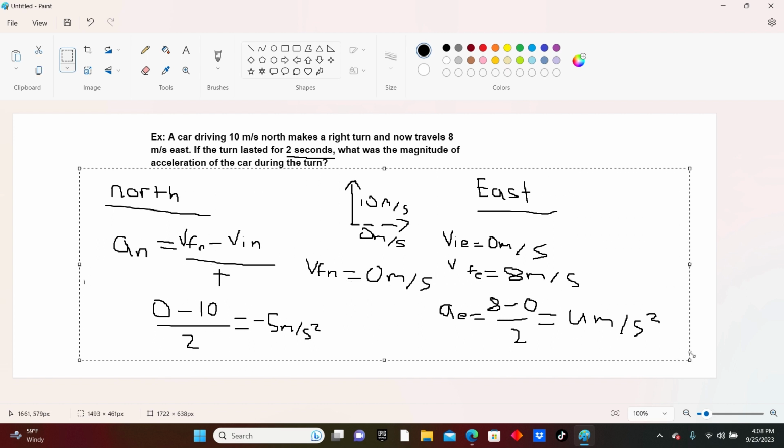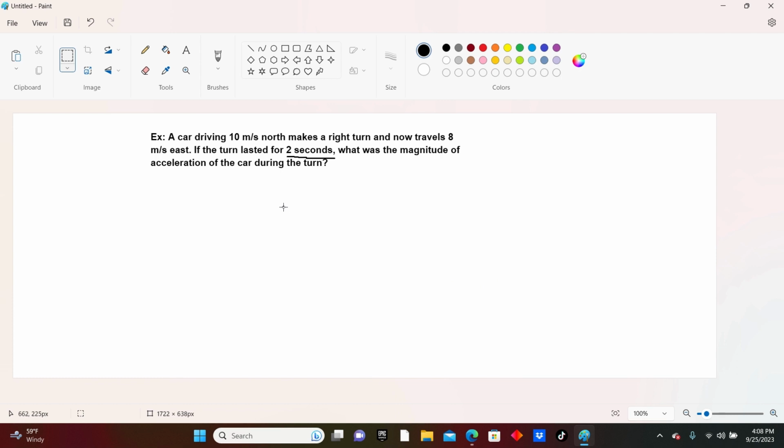In the north direction, we had -5 meters per second squared, and in the east direction, we had an acceleration of 4 meters per second squared.